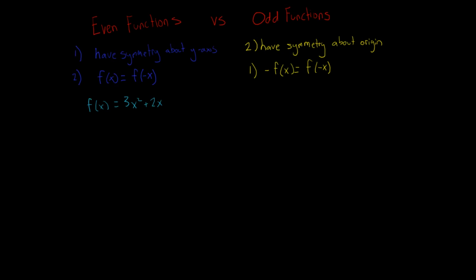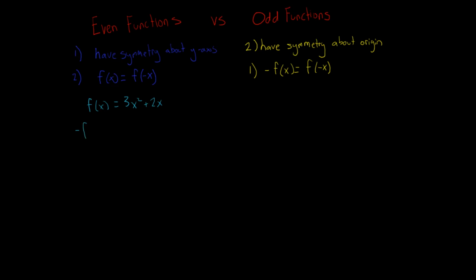We want to prove that this is either even or odd or neither, because who knows, it might not be symmetrical about the y-axis or about the origin, and then f of x might not equal either of these things. So let's figure this out. First, let's see what the function would look like as negative f of x.